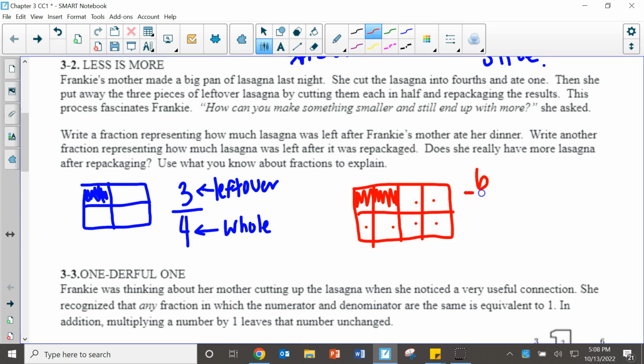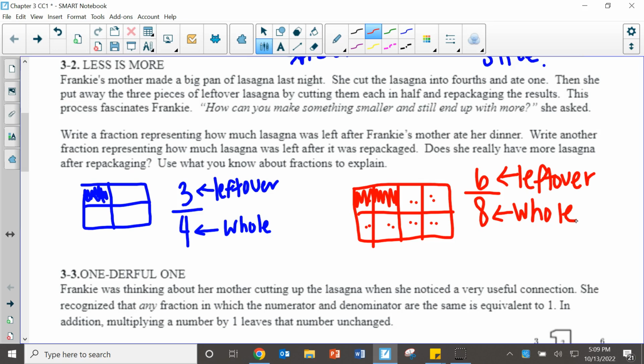She had 6 out of 1, 2, 3, 4, 5, 6, 7, 8. So she had 6 left over, and this was out of 8.